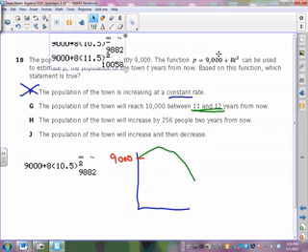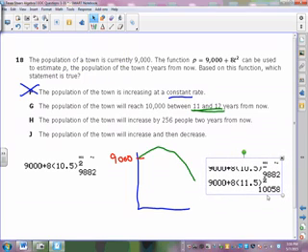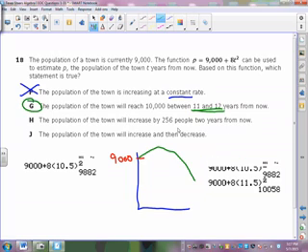Okay, and that is true. So we can stop right there and say the answer is G.